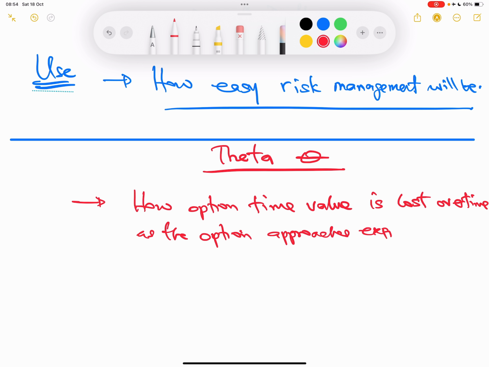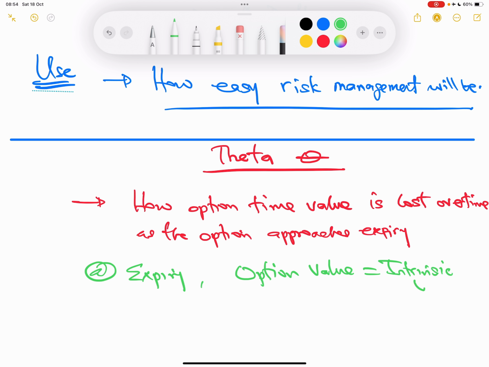Because, like I said, let me just note it down for you, at expiry of the option, the value is just equal to the intrinsic value. There's no more time value involved again. We are already at the expiry date.